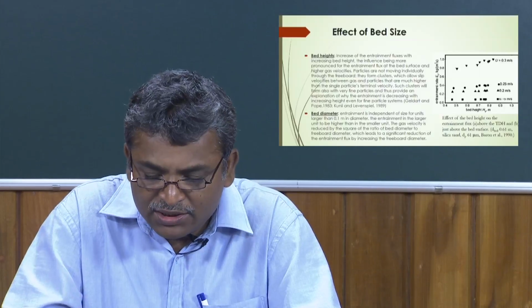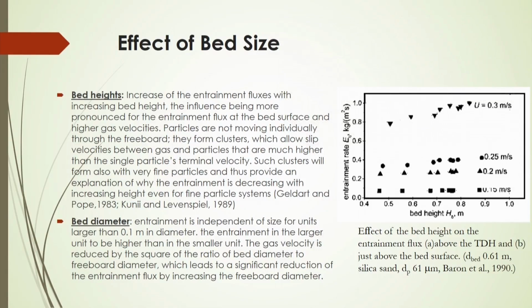So, in this figure it is seen how the entrainment rate is changing with bed height. If you increase the bed height, the entrainment rate will increase at different gas velocities. Here also, the higher the gas velocity, of course, the entrainment rate will be higher, and the increase of entrainment with bed height runs parallel.